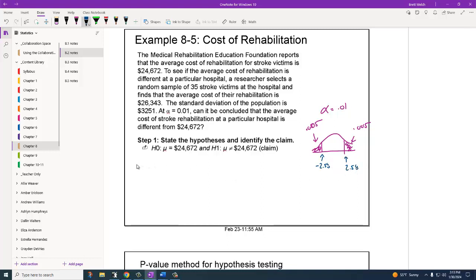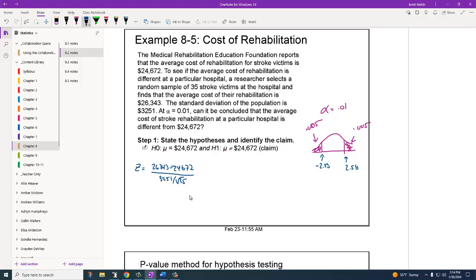I now need to find my test statistic. The z for this specific problem would be 26,343 minus 672 divided by the standard deviation of 3251 divided by the square root of our sample size, which is 35 stroke victims.